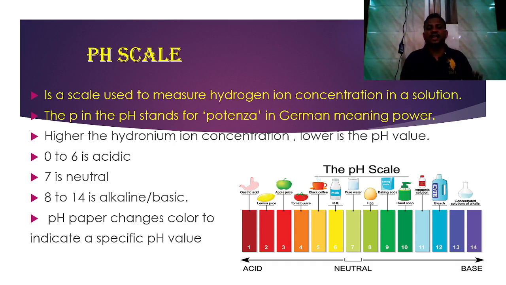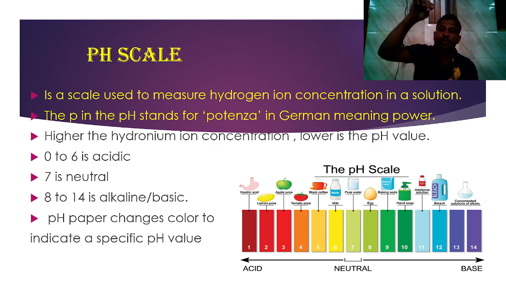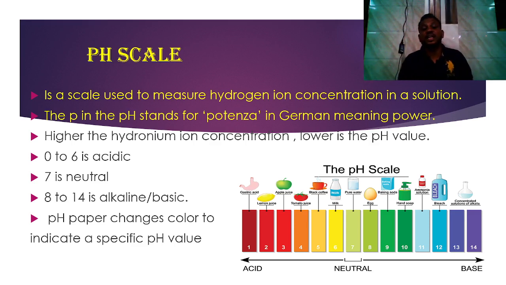It is a scale used to measure the hydrogen ion concentration in a solution. If we take a solution and put a pH scale in it, it shows the concentration level of hydrogen ions.